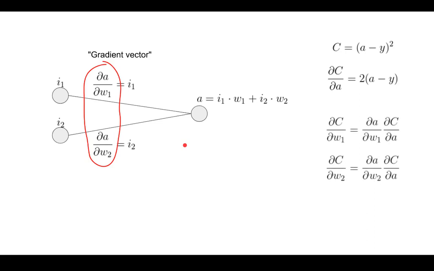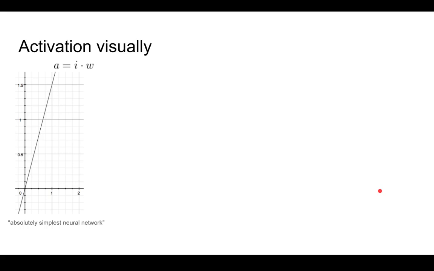And again, using the chain rule, we can get the rate of change of the cost function with respect to W1 like this. So the rate of change of the cost function with respect to A times the rate of change of A with respect to W1, or in the case of the other weight, W2. So everything is pretty much like in the first video, so you can refer to that if this is confusing to you. Now let's look at the activation.